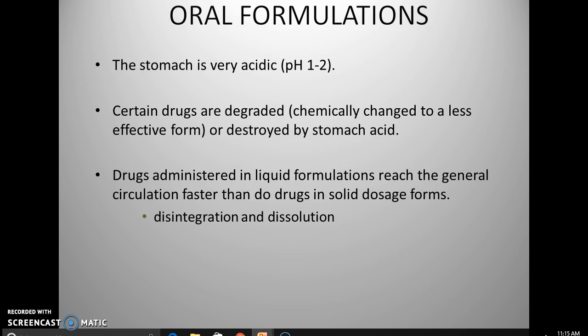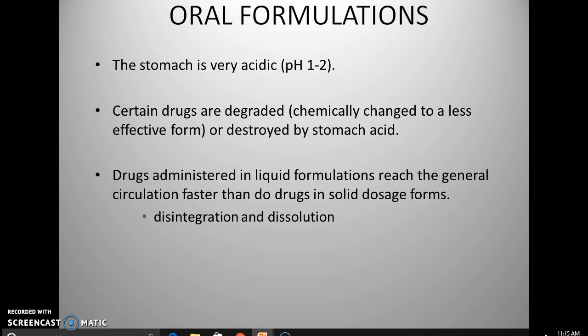All right, let's move on and talk about oral formulations. Some of the things that you should be familiar with is that an oral formulation must pass to the alimentary canal and first get to the stomach. That can be a problem, and that's why many drugs possibly have to be given from a different route than through the mouth, because the stomach is very acidic with a pH of 1 to 2.